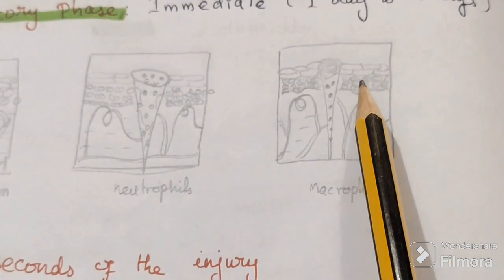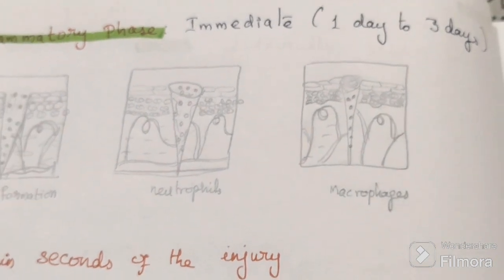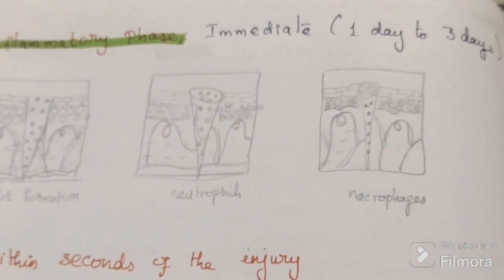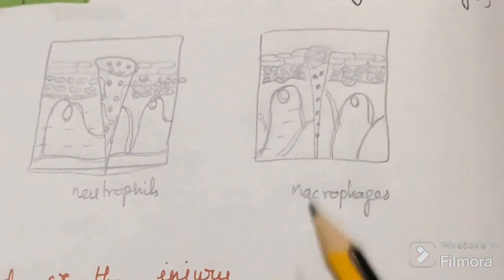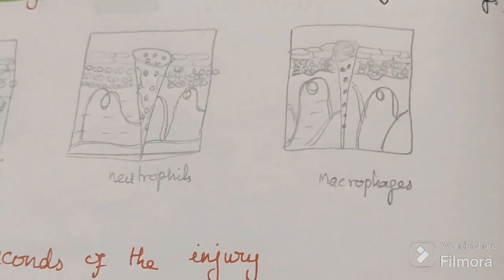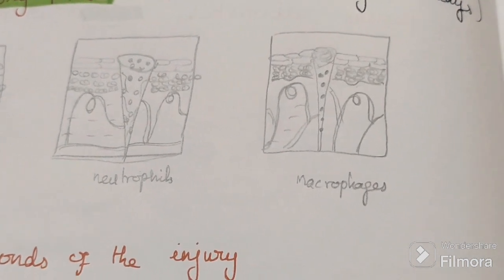Here macrophages replace them at this stage. You see all these cells are macrophages. The nucleus is not multilobated; the nucleus is mononuclear.